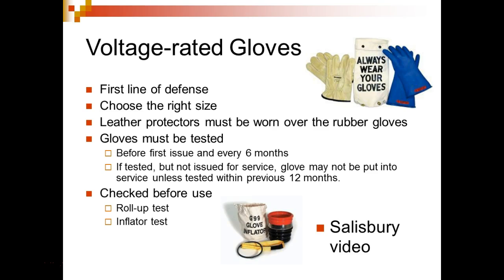Most of our overloads now are electronic overloads, and they're just a little dial on the front of it. If it starts tripping, what can you do? You can turn it up. Well, as soon as you do that, then you screw it up. So what's happened before is probably it tripped the overload and somebody went in there and set it up so it would run instead of replacing the motor.